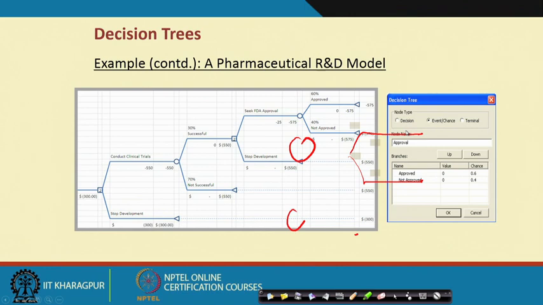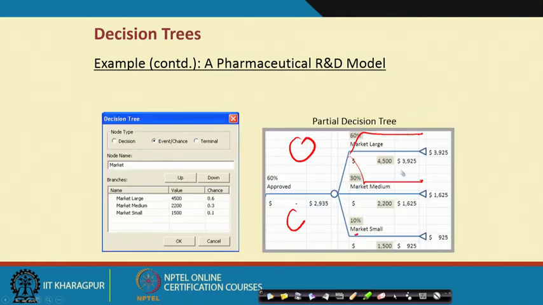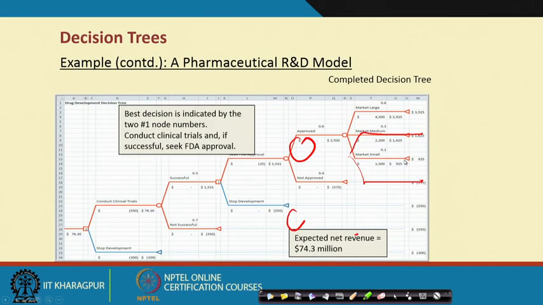So, that means technically this is another entry, and here we have approved and not approved, then again market large, market medium and market small. So, this is a typical structure where we start with two different branches. This is active, this is not active. So, we can stop here. Again, with this particular item, we have a successful option and an unsuccessful option.